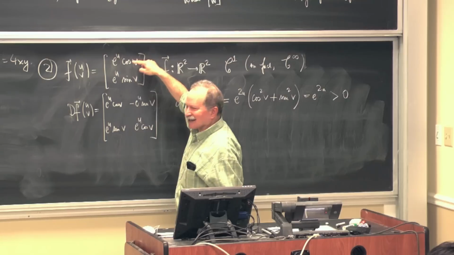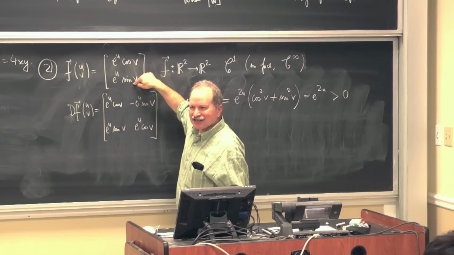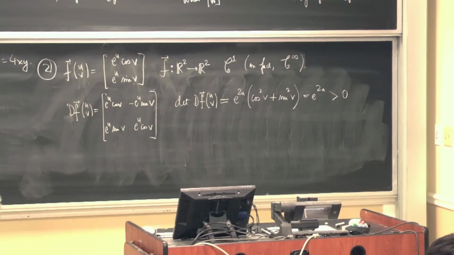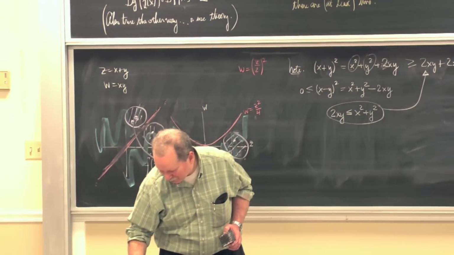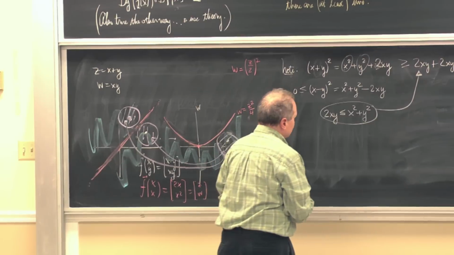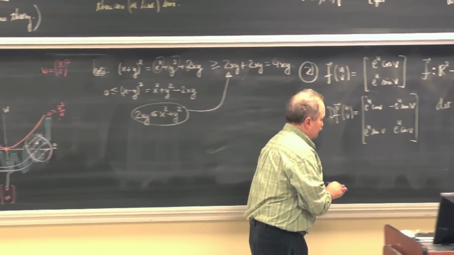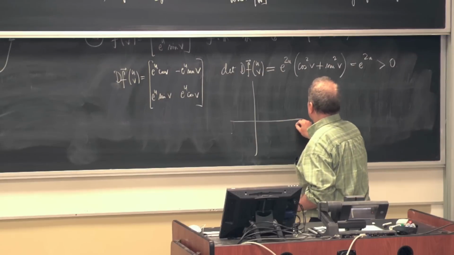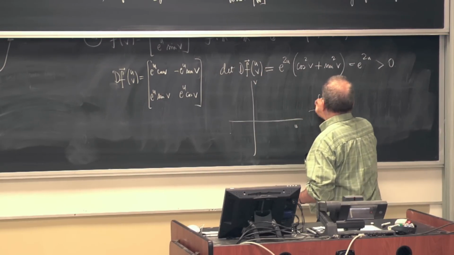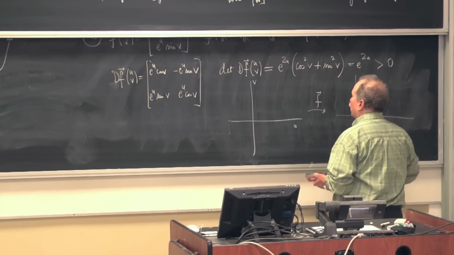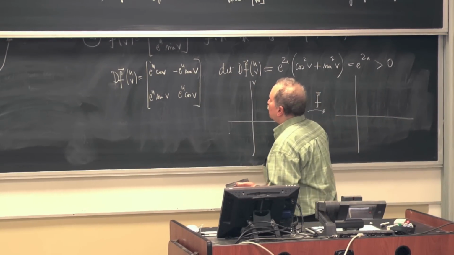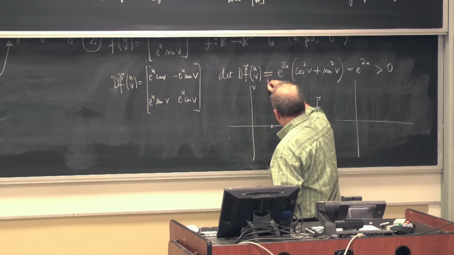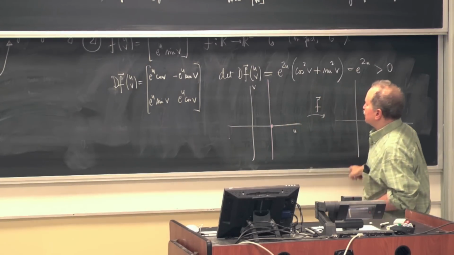Yes, Gabe's noticing cosine and sine. What does this function do? We've actually drawn pictures similar to this before. If you fix u and vary v, what happens?